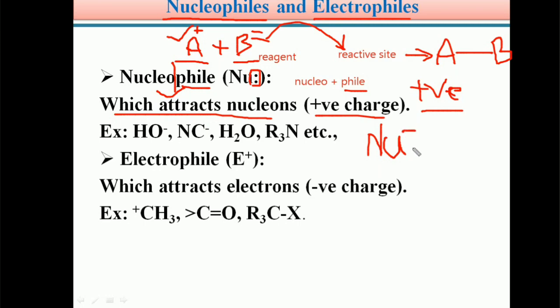A nucleophile having a pair of electrons attracts the positive charge portion of the substrate molecule, or the electron deficient portion of the substrate molecule.